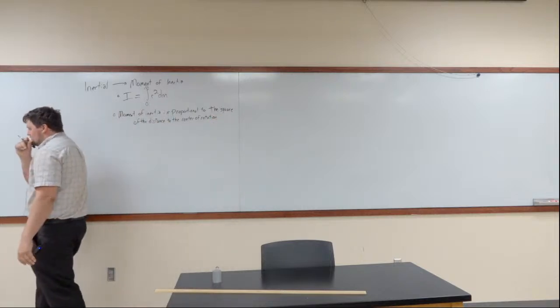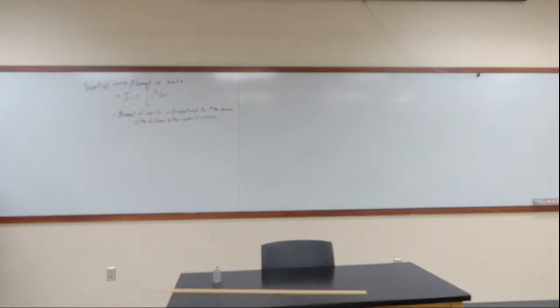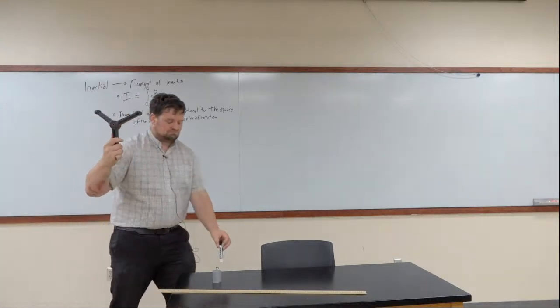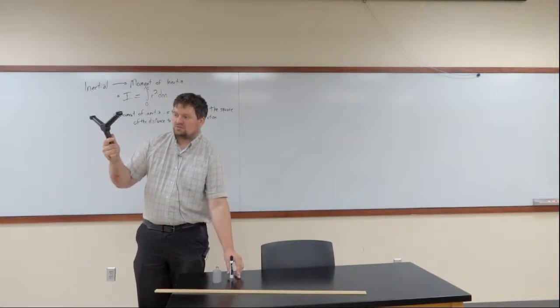Okay, so when we're talking about moment of inertia, if you have a wheel, I don't know if I have a nice, thick wheel in here. Let's see. This will be good enough. Where is the center of mass on this triangular chunk of metal? It's right in the hole, okay?